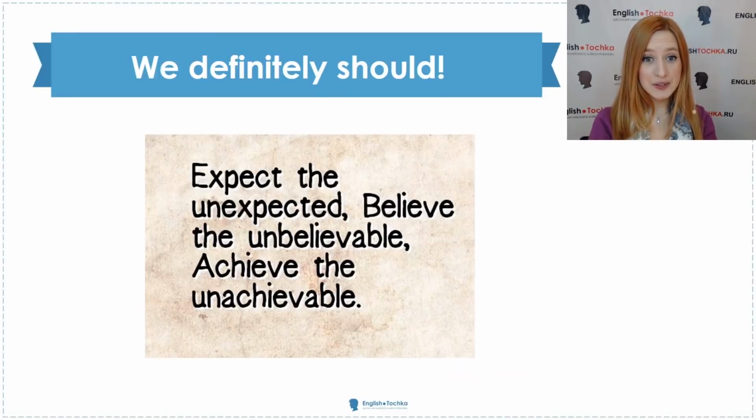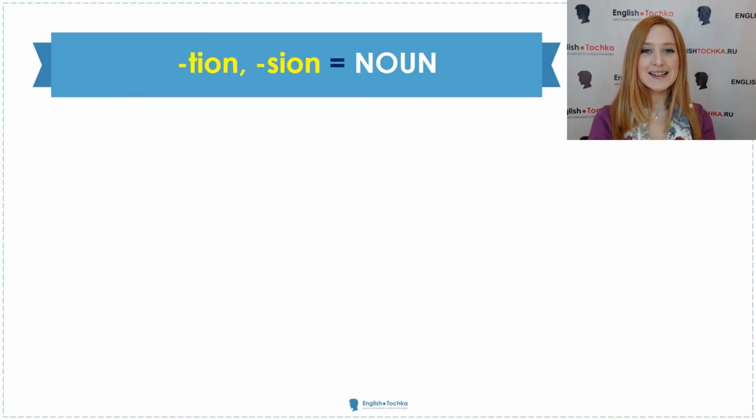And one definitely should expect the unexpected, believe the unbelievable, and achieve the unachievable. All right. So now let's talk about the shn suffix. It can be tion or sion, shn or zhn. And most probably it is a noun.